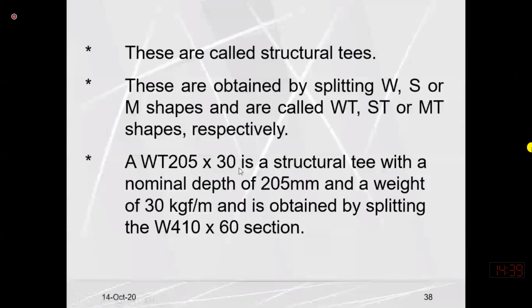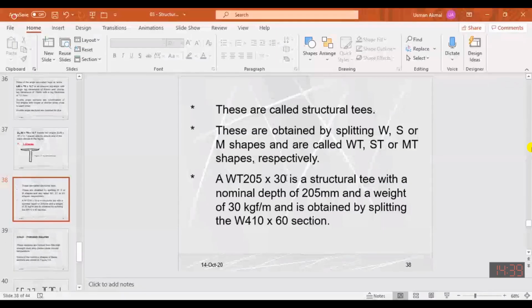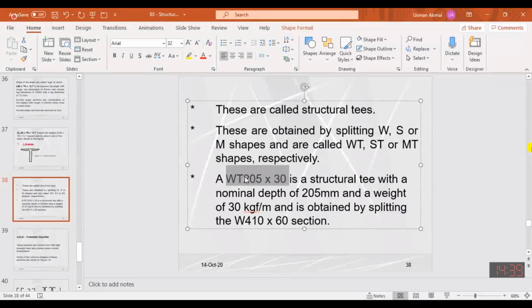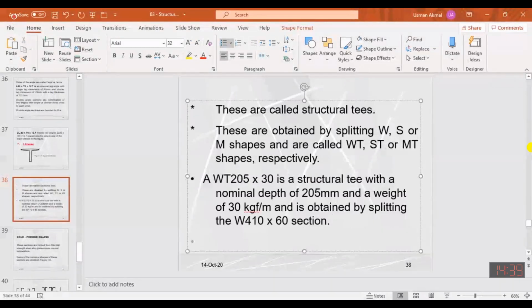Just for your reference, this W section is obtained from this, 410 into 60, because if I split the depth into half, half of the depth will be 205.